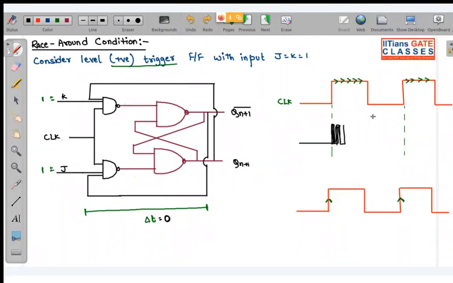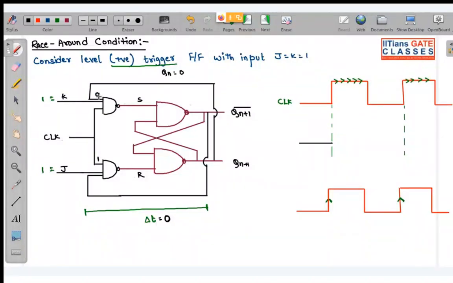Now you might be thinking why this is happening. I will show you, don't worry. Assume J and K equal to 1, and this is your NAND latch. So this will be set bar and this will be reset bar of the latch. Now assume that initially Qn equals 0. Then this will be 0 over here and this will be 1 over here.